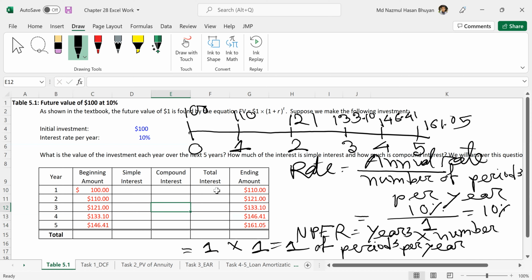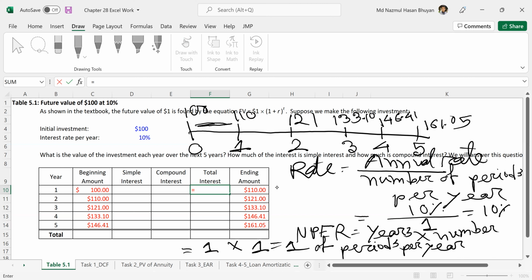Now let us calculate total interest we earned. So here you can see we started with $100 in year number one, and we end up with $110. And remember, in between this time period, that means in between 0 to 1, you have never added any money from your pocket.